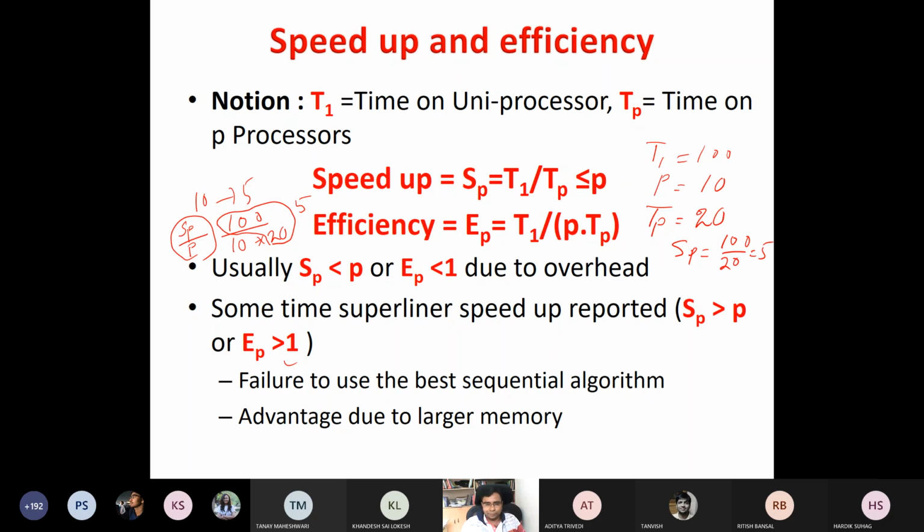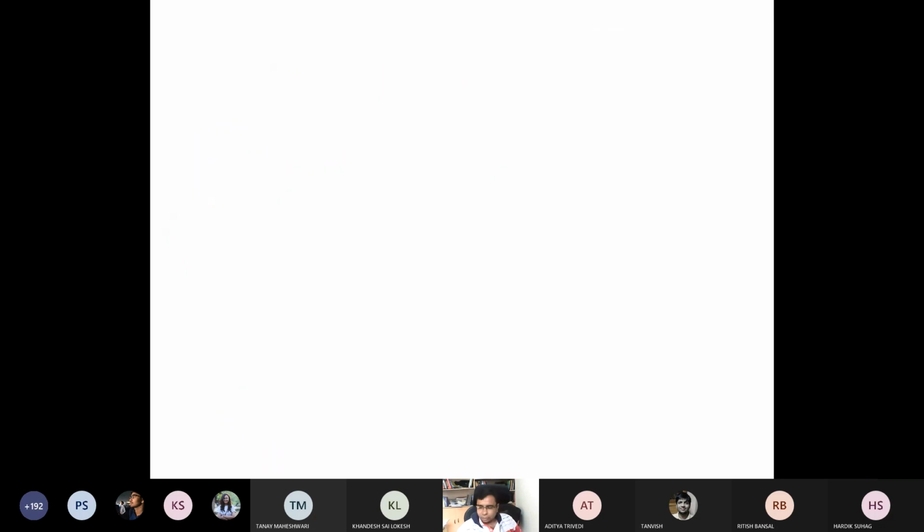Suppose you take i3 machines. In general i3 machines have 2 cores and 4 threads, so ultimately 4 core machines, and i7 machines are actually 8 core, 16 threads. So this is the standard.